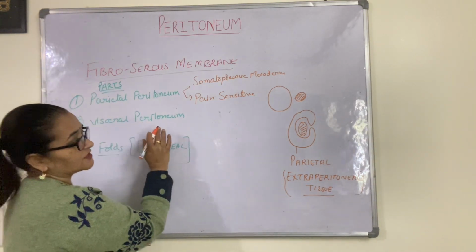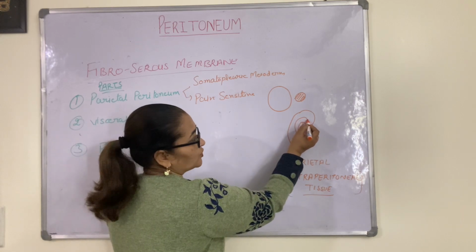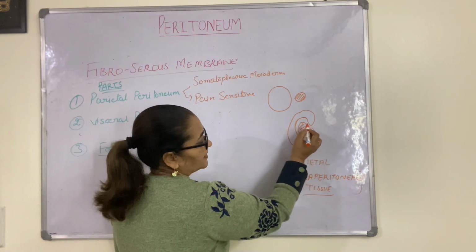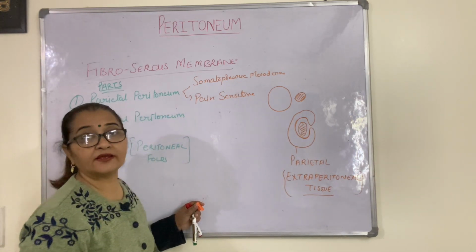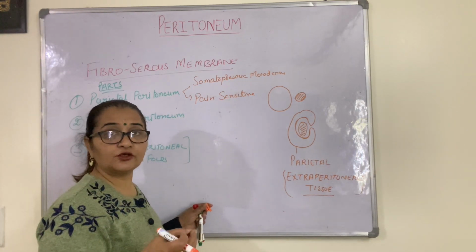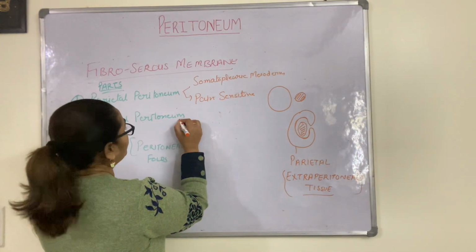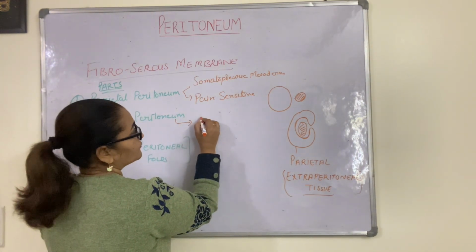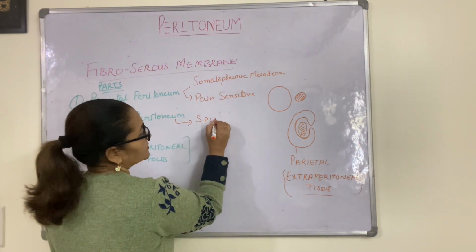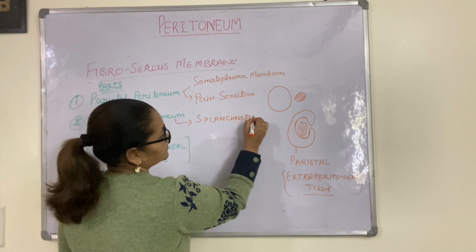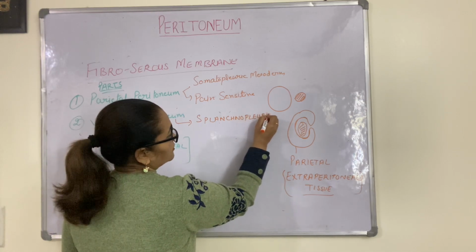Now coming to the visceral peritoneum. Now this visceral peritoneum is in close relation to the viscera. It is very closely adherent to the viscera and it is very difficult to separate this layer from the viscera. So where is it developing from? It is developing from splanchnopleuric mesoderm.